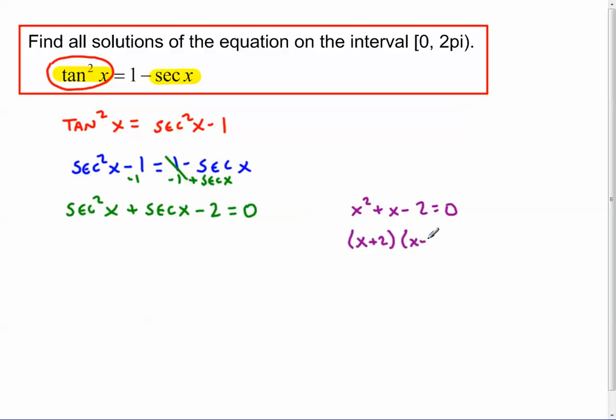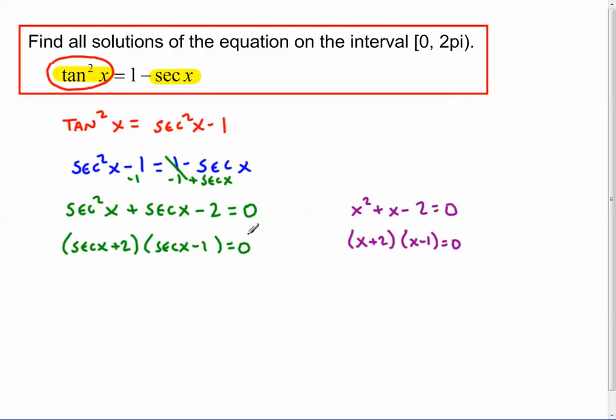That's exactly what I'm going to do in green here. But now it's just going to be a secant x instead of just an x. So it's going to be secant x plus 2 and secant x minus 1. So again, the factoring isn't different than what we've learned how to do previously.